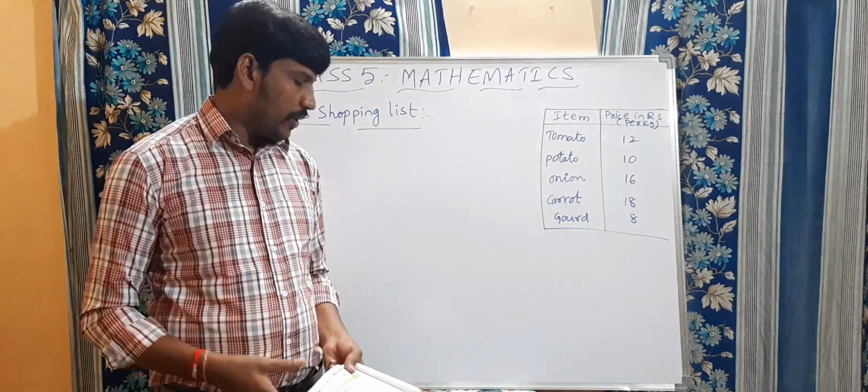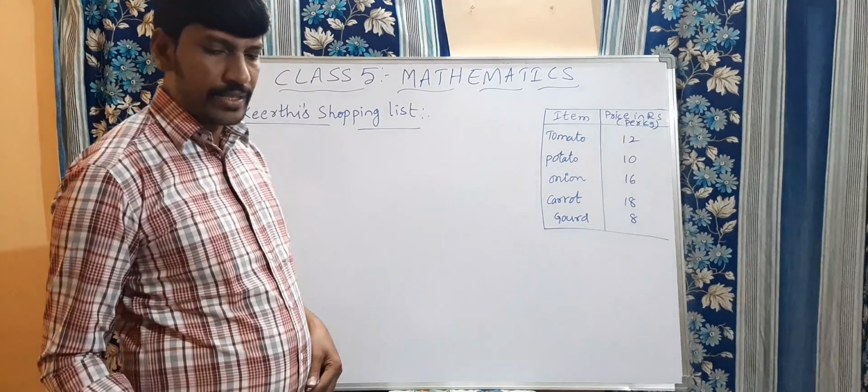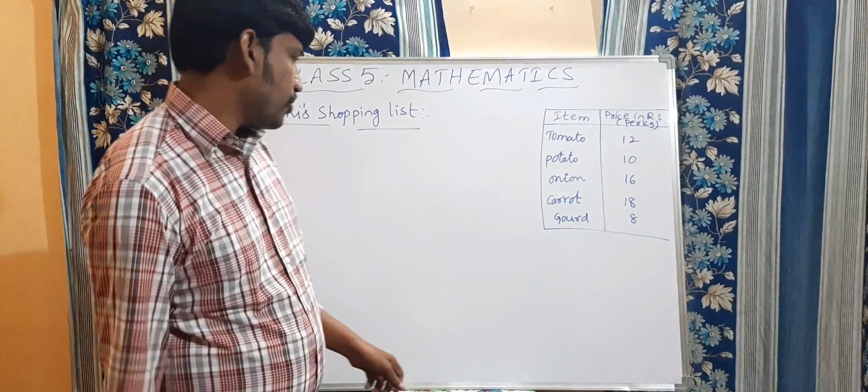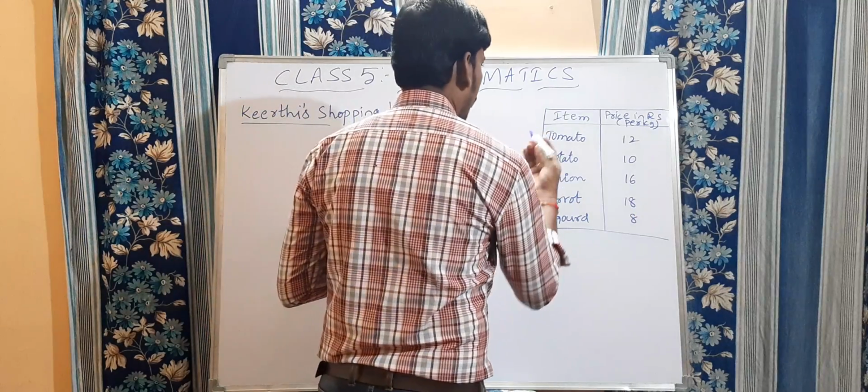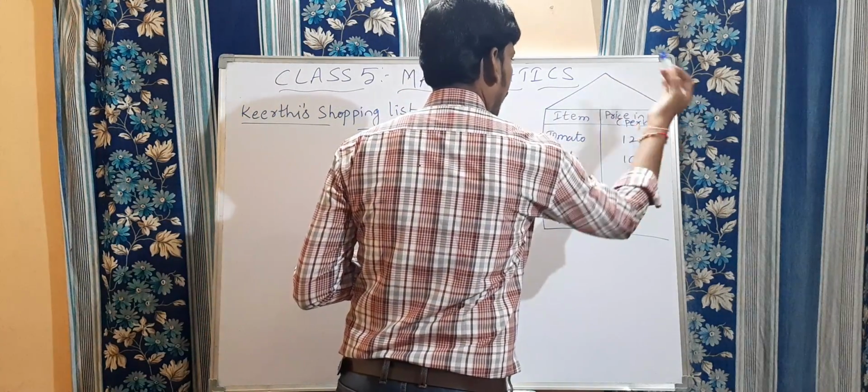Here I am going to read out the item and the price in rupees. This is a price list they kept in a vegetable market.